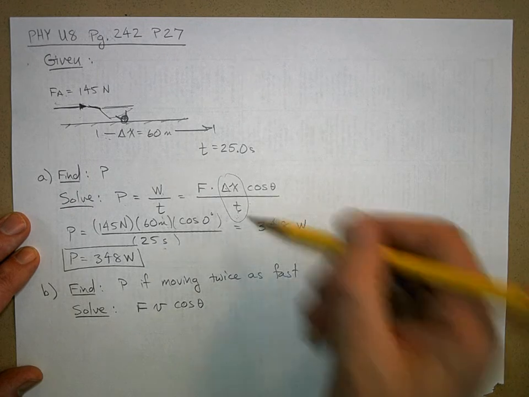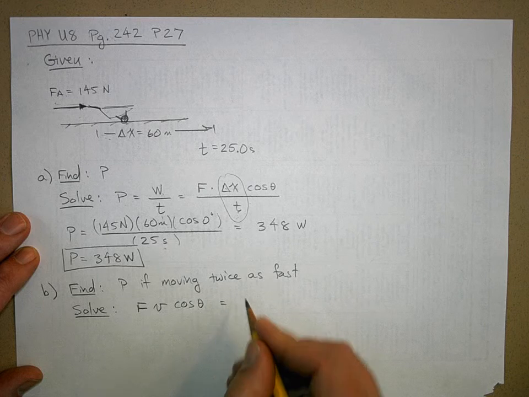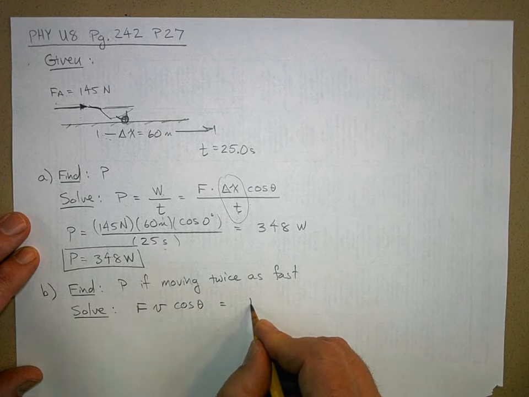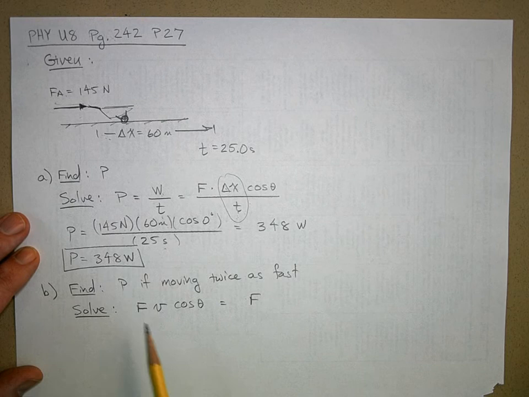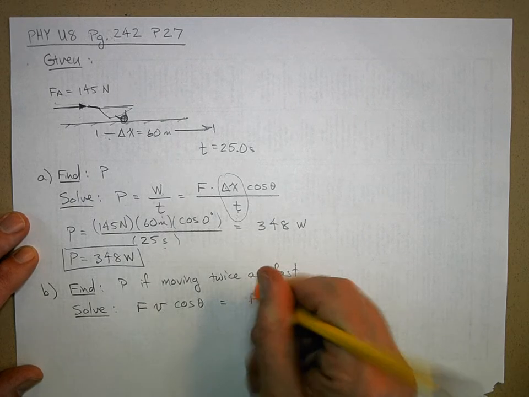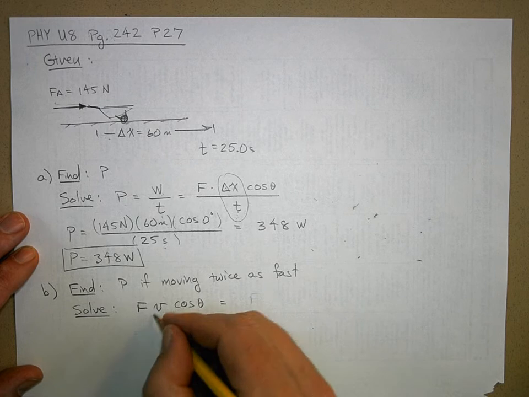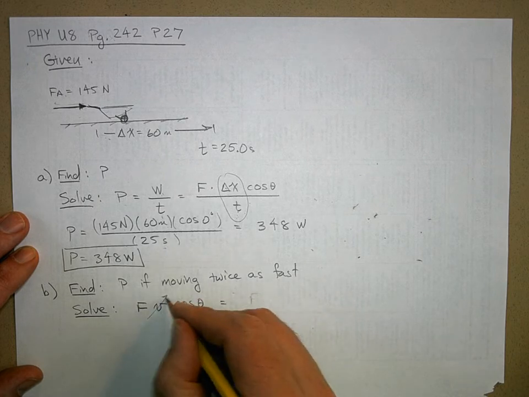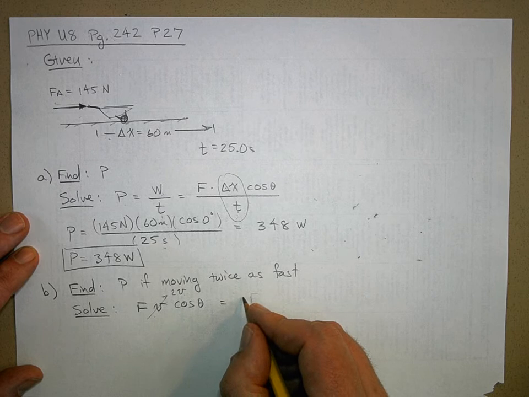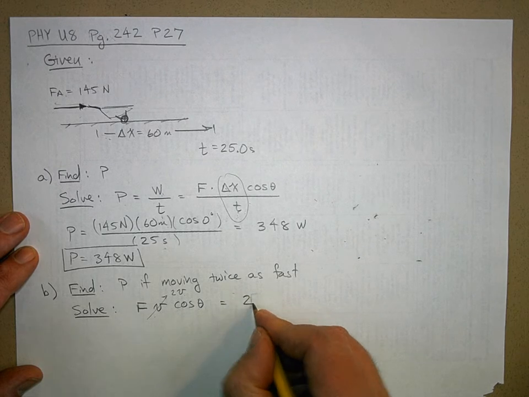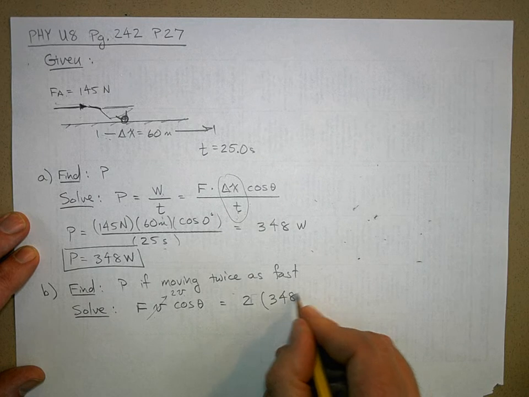But if you have twice the velocity, that means it's going to be force, well, it's going to be what we got before, just twice as much. So if this is really 2 times our velocity before, this is really twice the power that we had before.